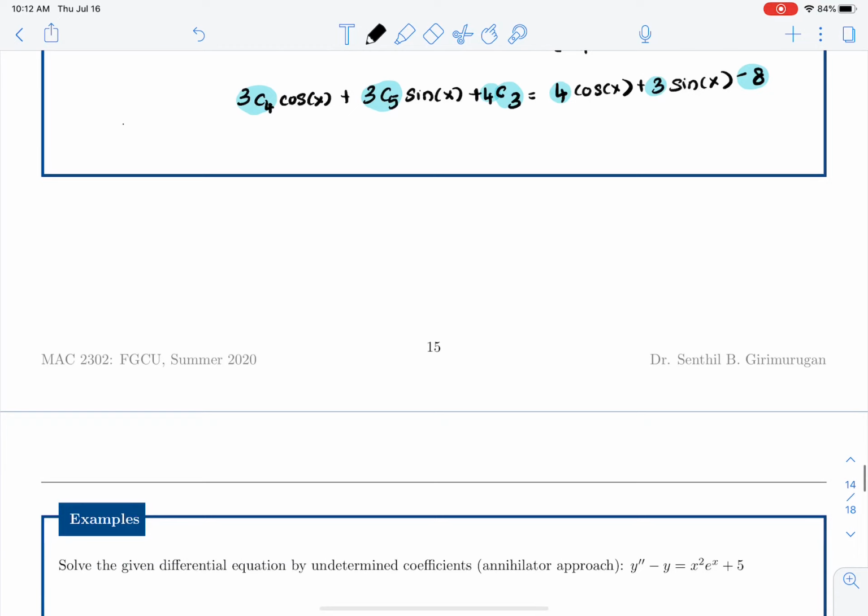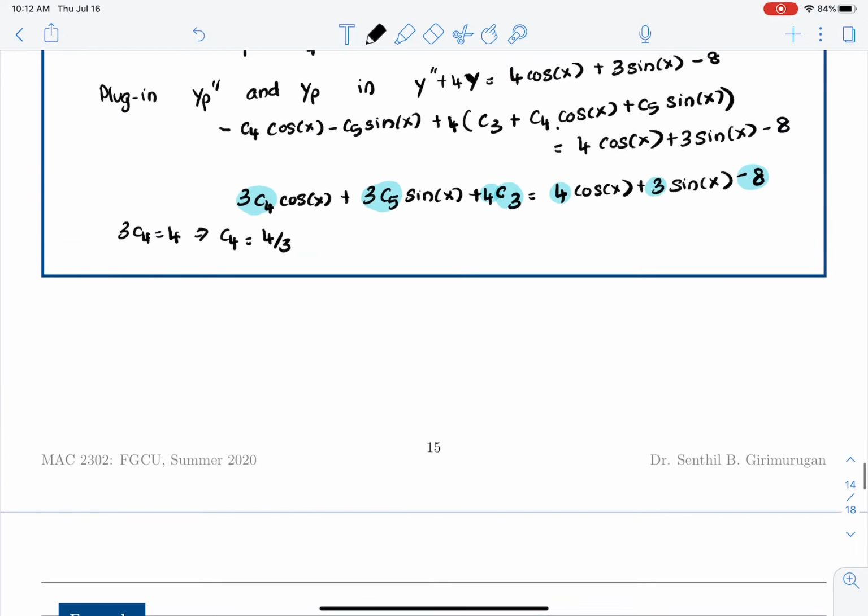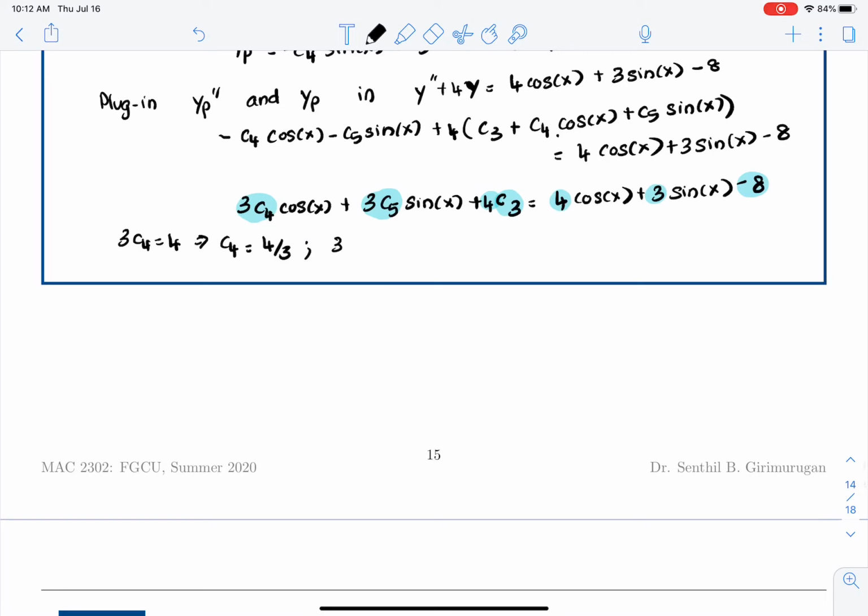So 3c4 equals 4, which would imply c4 equals 4 over 3. 3c5 equals 3, which would imply c5 is 1. 4c3 equals minus 8, it would imply c3 is minus 2. Take that and plug it into yp. So yp would be minus 2 plus 4 over 3 cosine x plus 1 times sine x.